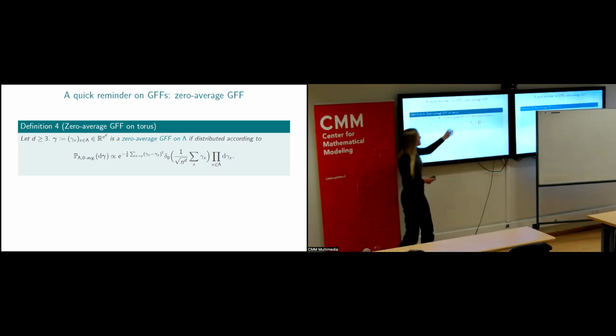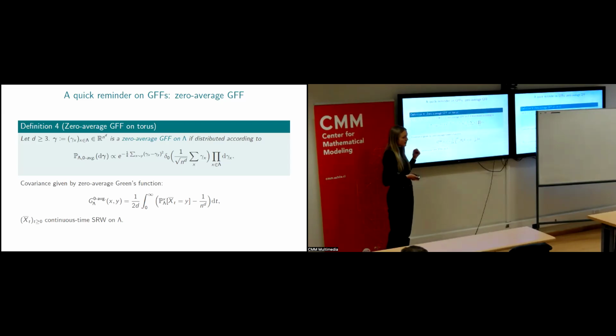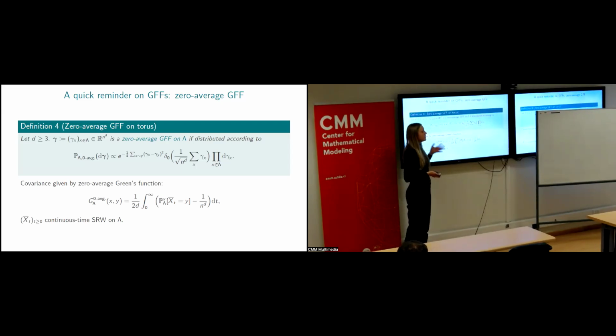So basically, the density is the same. Now the mass is 0. However, we now assume that the average of the field is 0. And there is an associated Green's function, which is the covariance matrix of this field, which in terms of random walks is not really an inverse of the Laplacian anymore, because it has to have average 0.